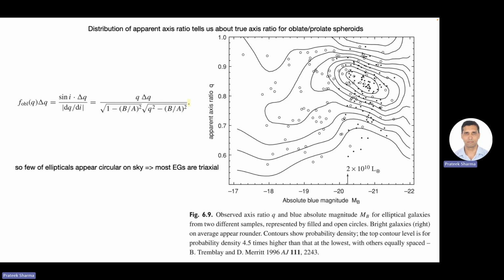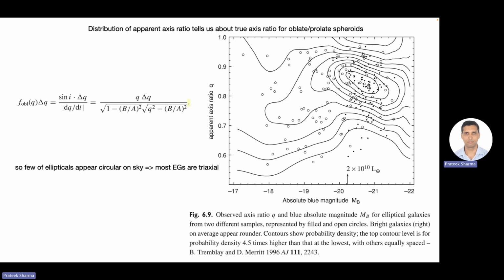For example, here is observed axis ratio and B magnitudes for ellipticals. Towards the right are brighter galaxies, towards the left dimmer galaxies, and there are these filled circles and open circles.